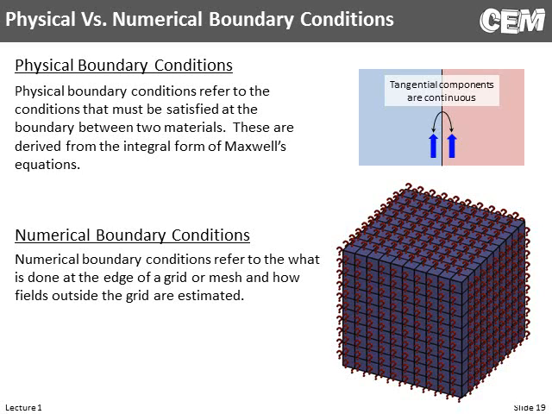The question is, if you're at the edge and you need information from a cell on the outside, how do you handle that? You're at the boundary. That's what a computational person would also call a boundary condition. I'm going to try to call that a numerical boundary condition to differentiate it from physical boundary conditions. But this is a really important thing, how we handle that. Very good?